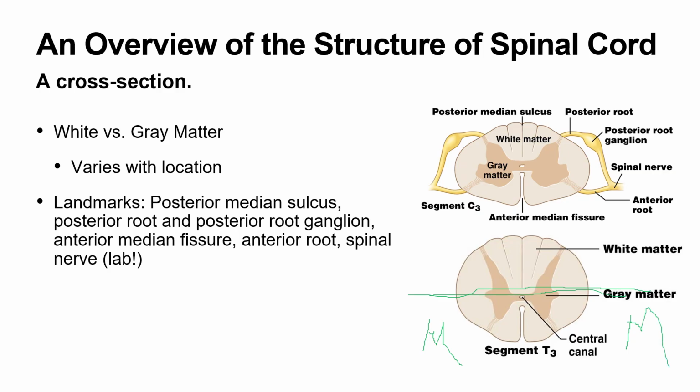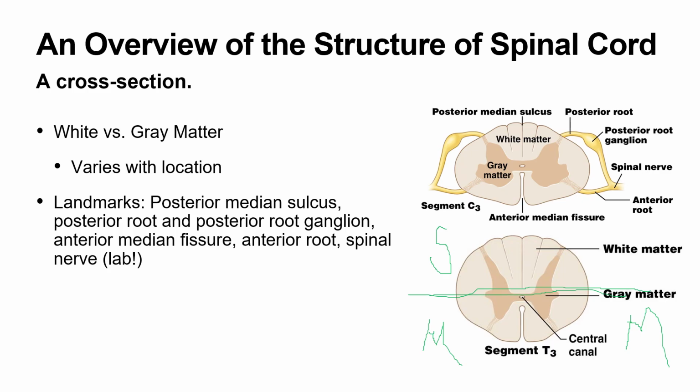All right, motor. Motor signals are going to be found on the anterior side of the spinal cord, whereas on the posterior side of the spinal cord, we are mostly going to see sensory pathways. And it's the same when it comes to the brain.